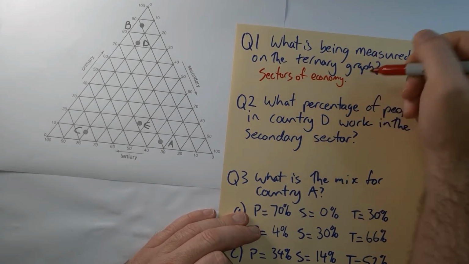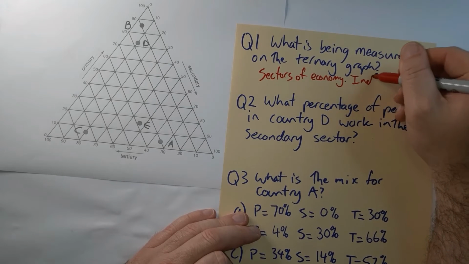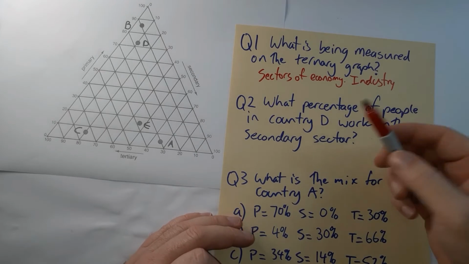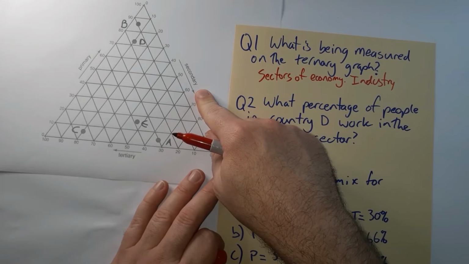And these are industry sectors. So you might have heard that people work in manufacturing, so that'd be a secondary sector type of employment.